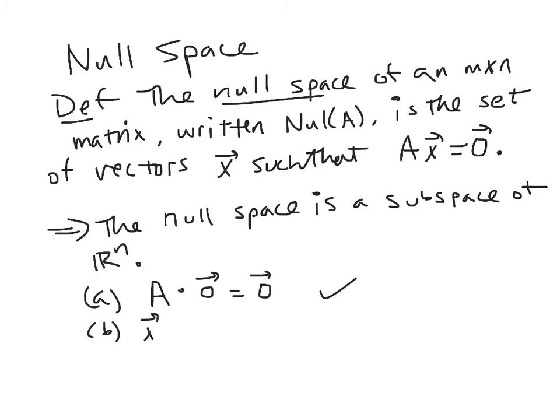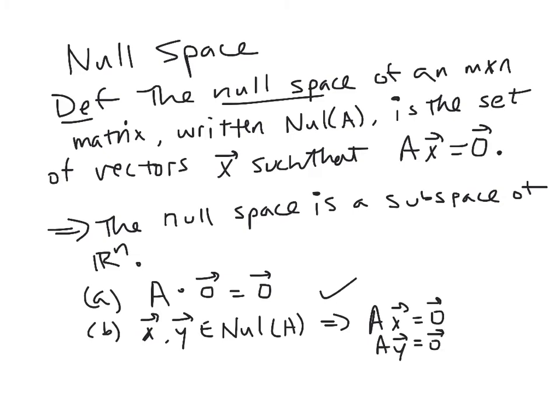Let's assume that we have two vectors x and y that are in the null space. This means that Ax equals 0 and Ay equals 0, and therefore A times (x plus y) is just Ax plus Ay, and it's pretty easy to see that that is the zero vector.